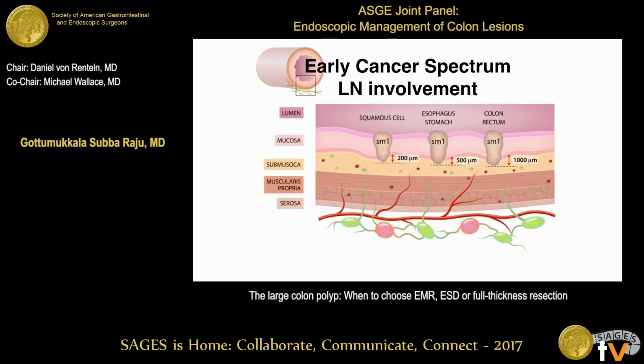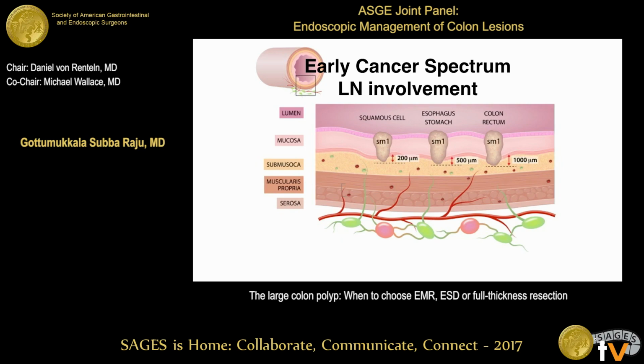The reason I say that colon actually lends itself for endoscopic resection, unlike squamous cell cancer of the esophagus or adenocarcinoma of the esophagus or stomach, is that it gives you a little more depth of penetration. For squamous cell cancer, if it goes into the superficial submucosa, they're at higher risk for lymphatic spread.